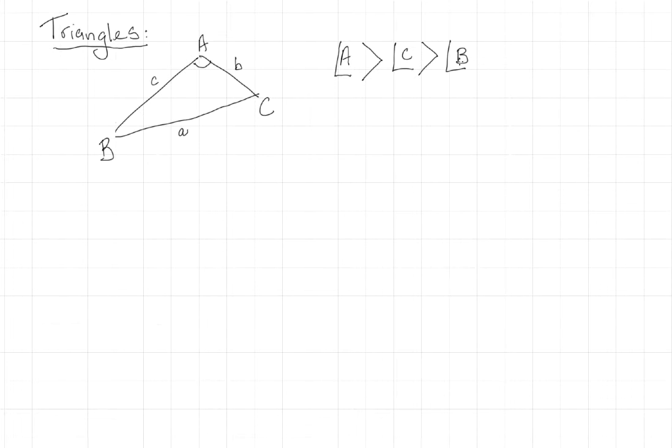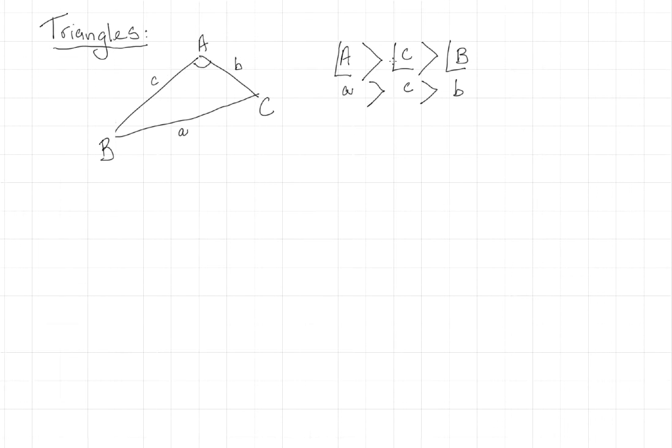Now, if those angles are in that sequence, then the corresponding sides are in the same sequence. So the side that's opposite angle A will be greater than c, which will be greater than b. So that's something about ordering in triangles. That's always the case.